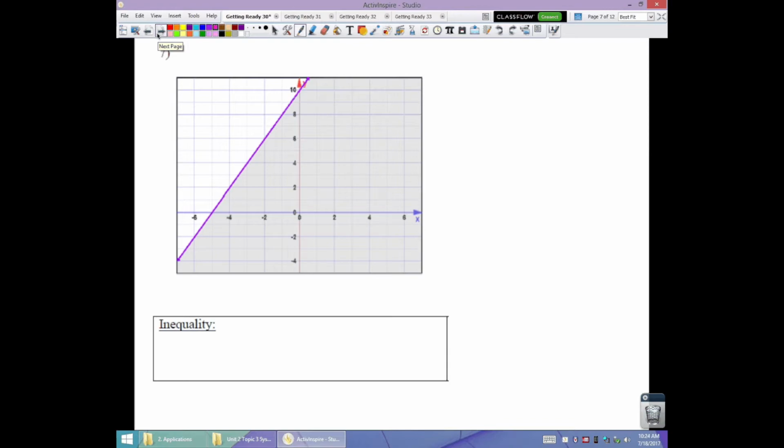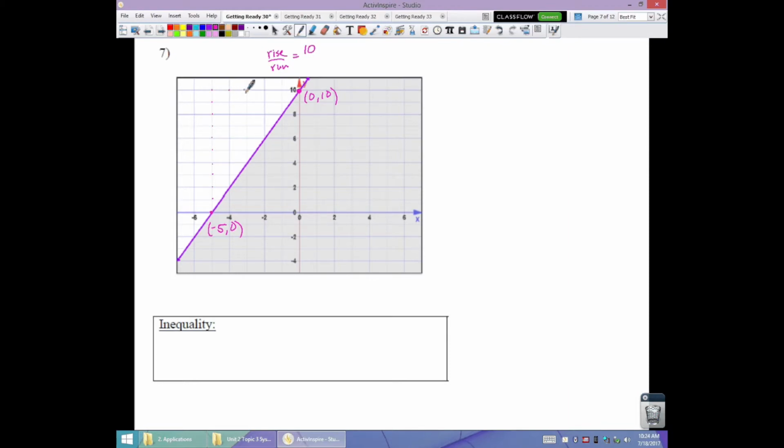Number 7. For the 2 points, I can see the y-intercept is 0, 10, and the x-intercept is negative 5, 0. So my rise over run, I'm going to rise 1, 2, 3, 4, 5, 6, 7, 8, 9, 10. So I went up 10.